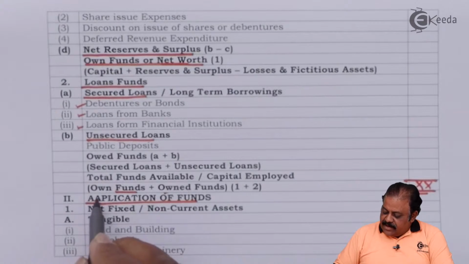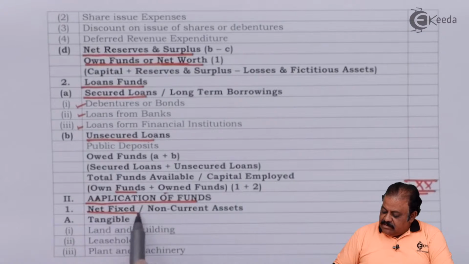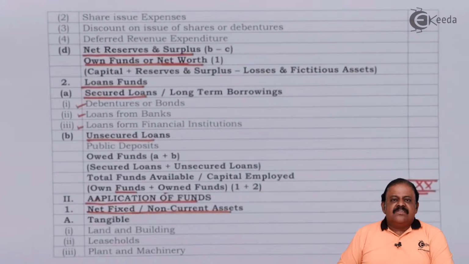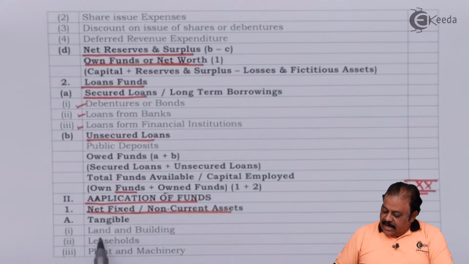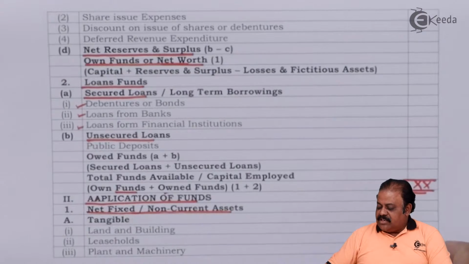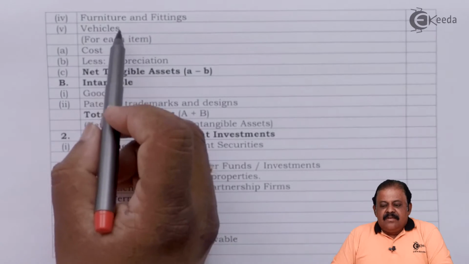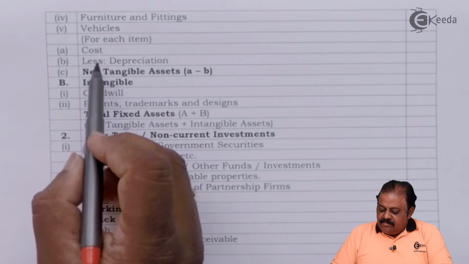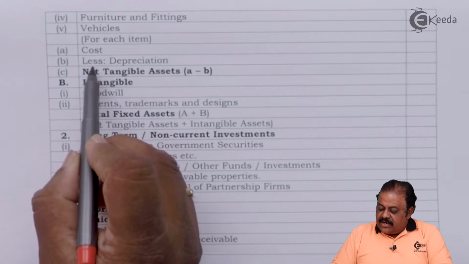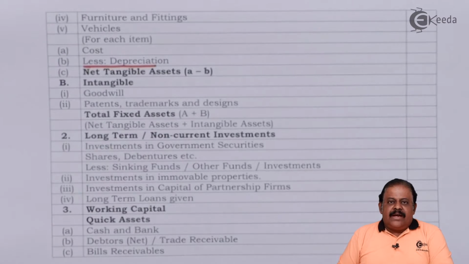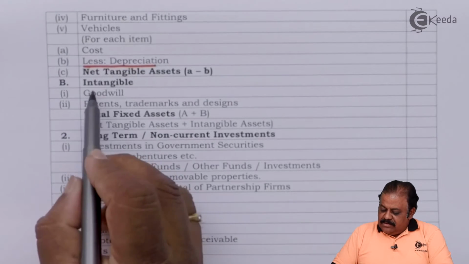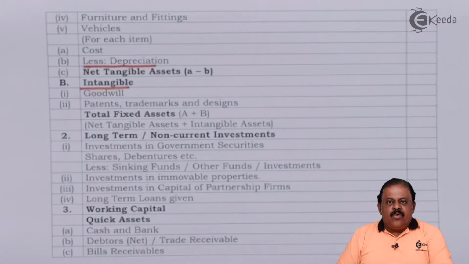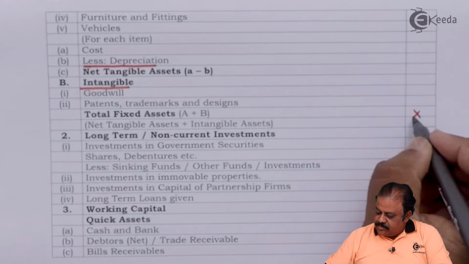In application of funds, we have first fixed assets, tangible: land and building, leaseholds, plant and machinery, furniture and fittings, vehicles. If any cost is given, from this we are required to deduct depreciation to arrive at WDV. Then intangible fixed assets, like goodwill, patents, trademarks, designs, etc. Tangible plus intangible, we will get total fixed assets.